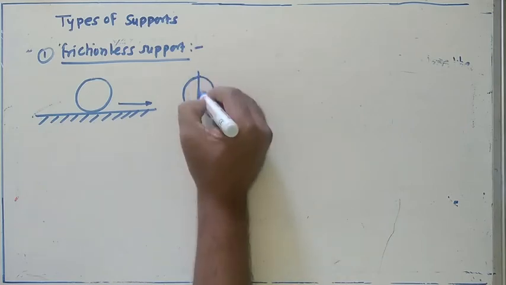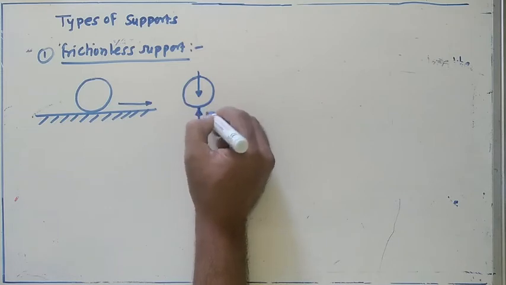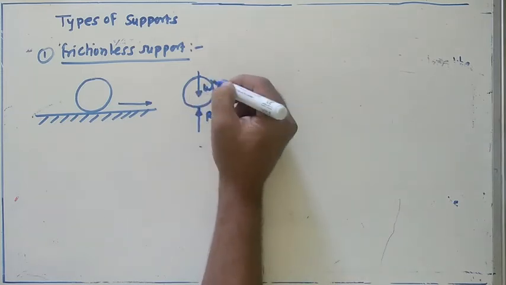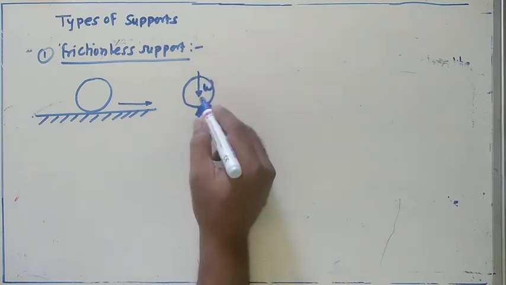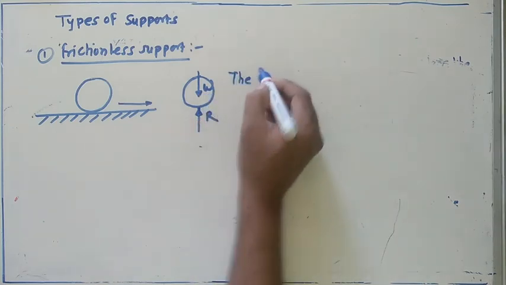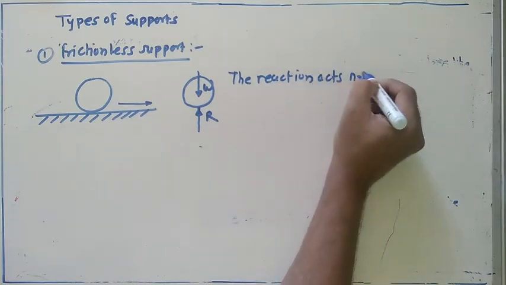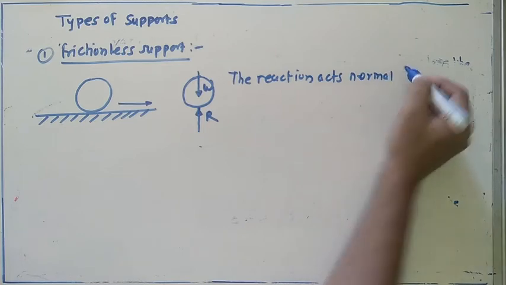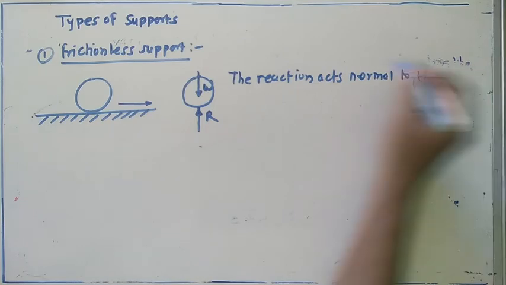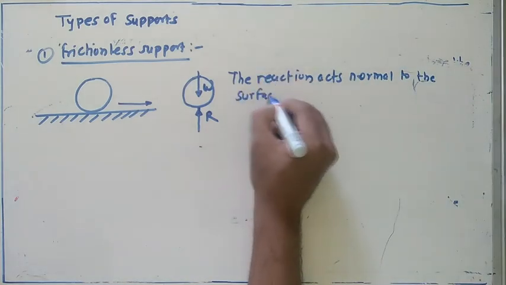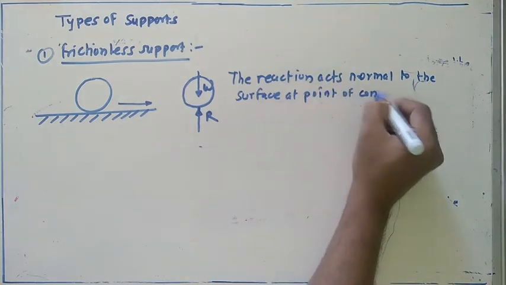Whatever the weight of this one, that will act in the downward direction. At the same time, the normal reaction will come from the bottom of this one. Weight of this one we will consider in terms of W. Whatever the weight of this one, the same amount of reaction comes from the bottom of this one. The reaction acts normal to the surface at the point of contact.